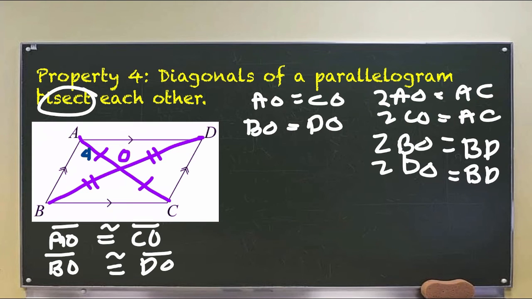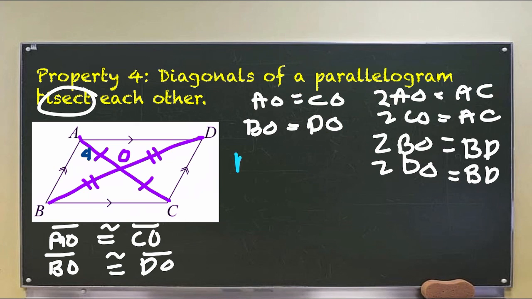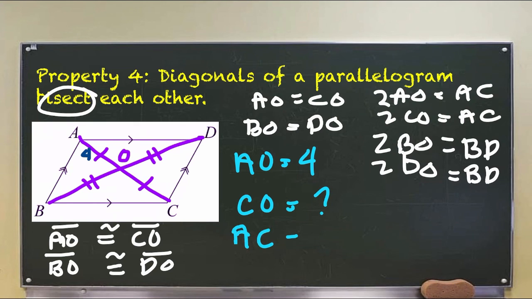Okay. Isosolve ngayon natin isa-isa yung mga given. So, for example, we are given AO is 4. Ano ang CO at ano ang AC? Ang AO is 4. Therefore, pareho sila ng CO. So, ang CO ay also 4.